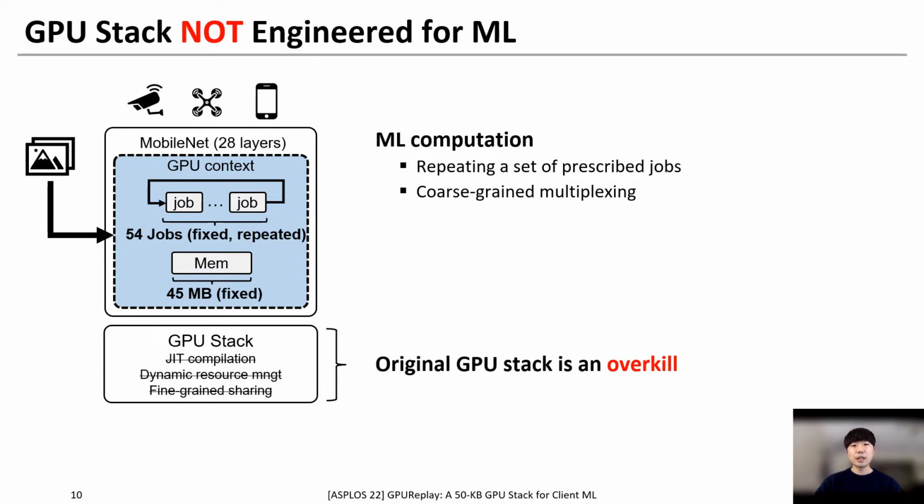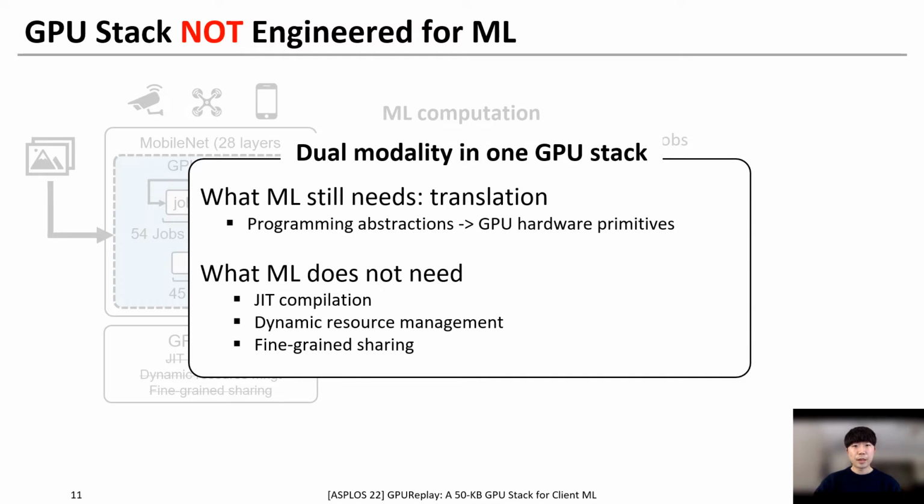In such a case, a complex GPU stack is overkill. So a single GPU stack has dual modalities. What machine learning workload needs is a translation from program abstraction such as high-level language to the GPU hardware primitive, for instance, job binaries. In contrast, the stack's rich functionality such as JIT compilation, dynamic memory management, or fine-grained multiplexing is unnecessary.